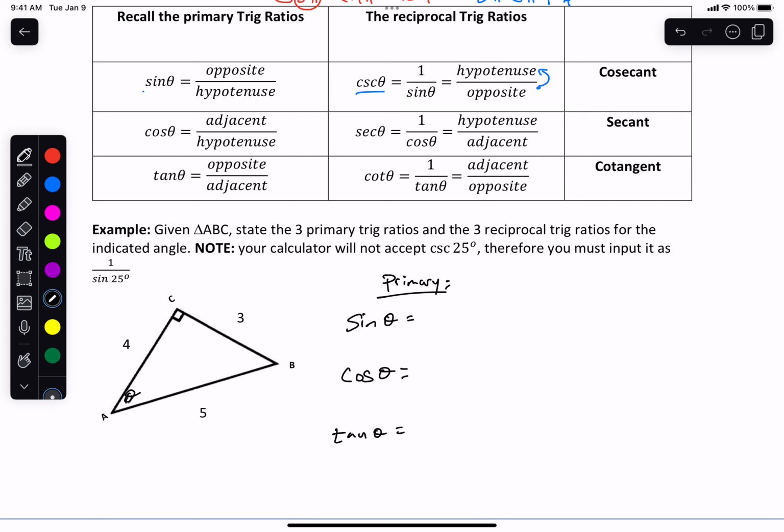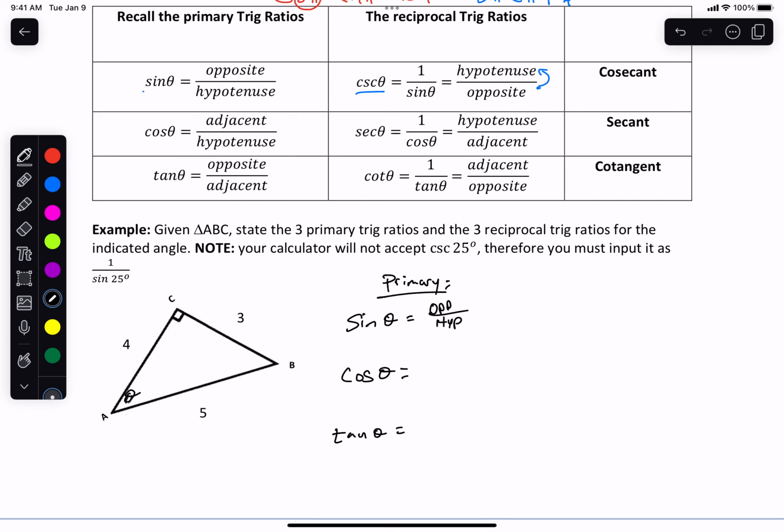So using SOHCAHTOA, I know sine is what? Opposite over hypotenuse.